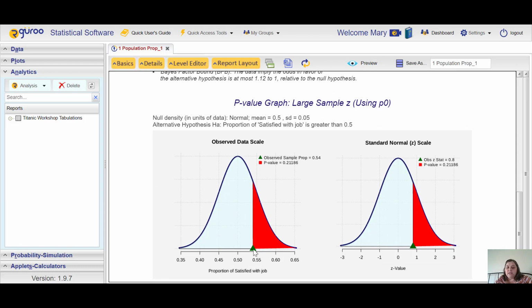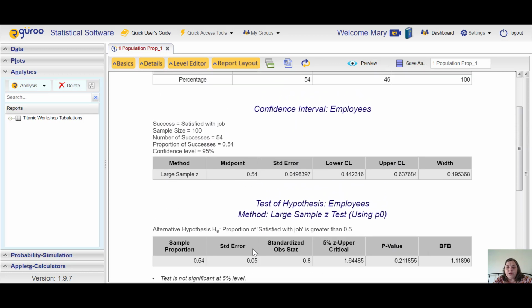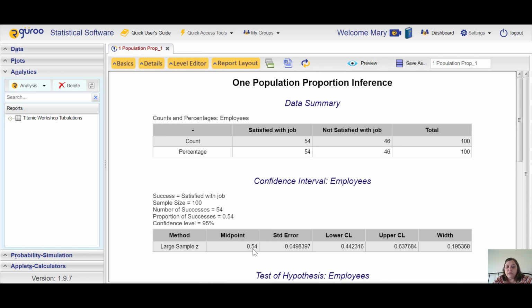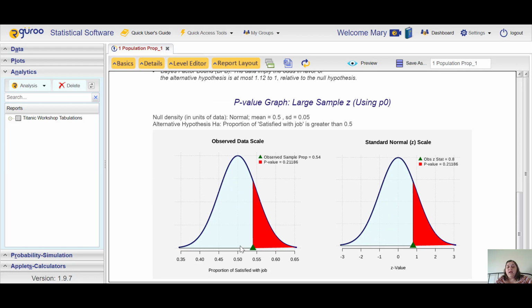So these green triangles represent our sample proportion, which, by the way, was 54%. And 54% in this case has a probability of 0.21186 of occurring. You can see it's a pretty large probability.